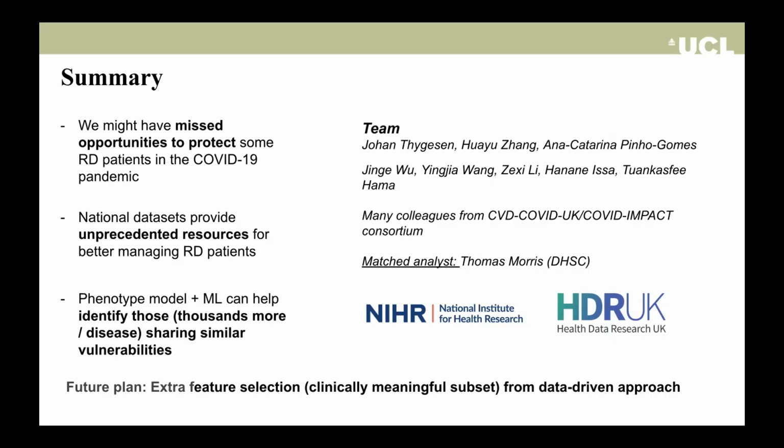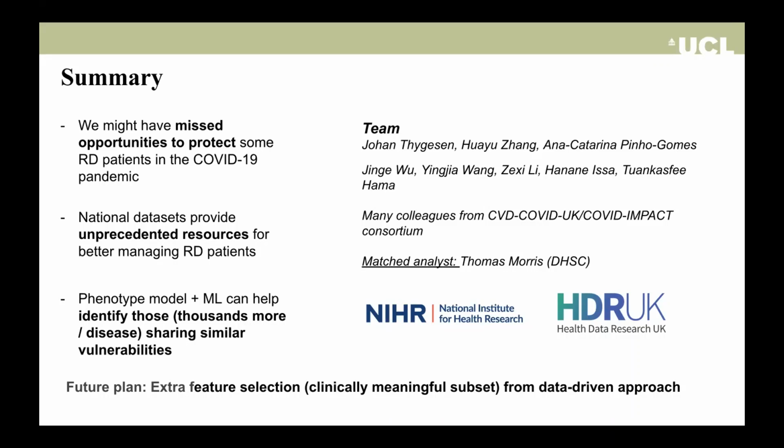And also the project is more or less still in progress, and we do have a future plan to improve our machine learning predictions in the future research. For example, some of the models may not have a good accuracy. For now, we have a plan to do feature selection from a data-driven approach.